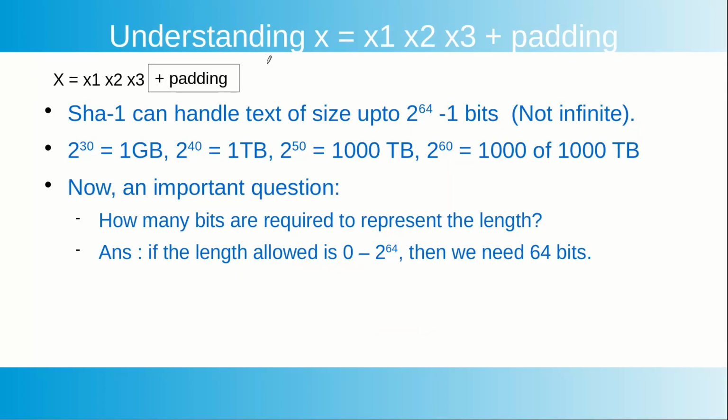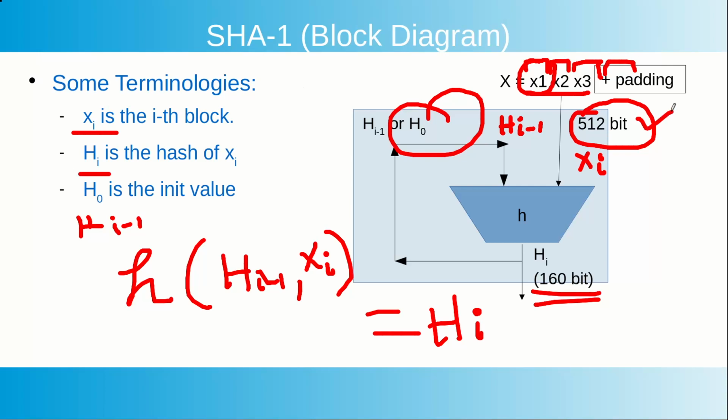Now, come down to this padding. Recall we have stated earlier that we need some sort of padding on the text. Why is this padding needed? Fairly simple. This padding is required because in case of SHA-1, we need a 512 bit block of text each and every time. What will happen if my text is not an integer multiple of 512?